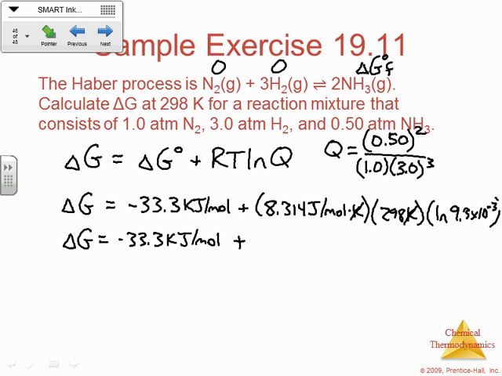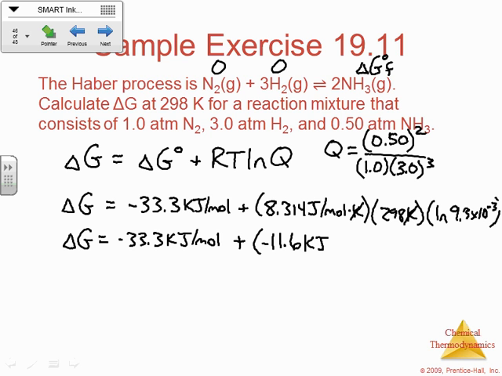So you got 8.314 times 298 times the natural log of 9.3. Okay, I'm getting negative 11,589. Sorry, that's how many joules that we had. So let's just go ahead and convert that into kilojoules, negative 11.6.